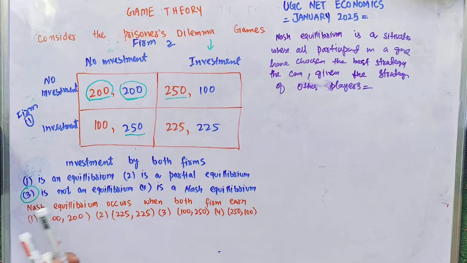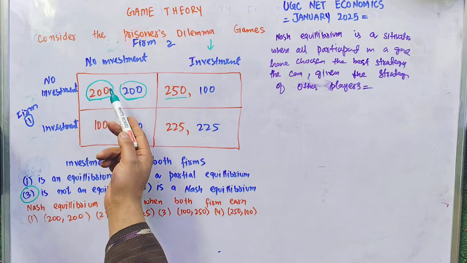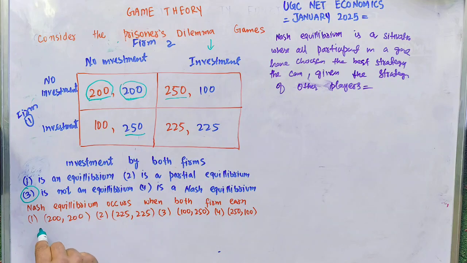Okay, now with the same thing we got our Nash equilibrium also. The question tells us a Nash equilibrium occurs when both firms earn 200, 200, 225, 225, 100, 250 or 250, 100. Obviously, since we calculated the Nash equilibrium when both the firms choose no investment, they get the Nash equilibrium. So this option should be correct.